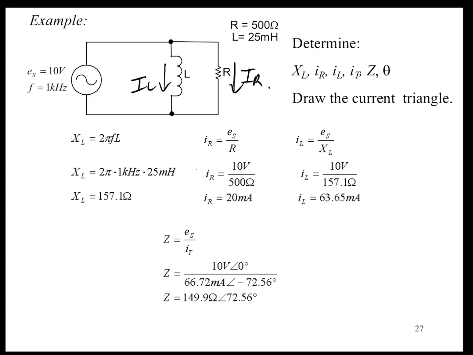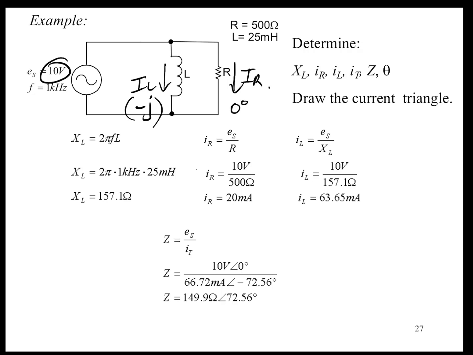The thing you need to understand, of course, is that these two currents are not in phase. Remember, this guy is an inductor. The first branch is an inductor. So that means when you divide a plus jXL value into this applied voltage to give you IL, that current is going to be a minus j value.